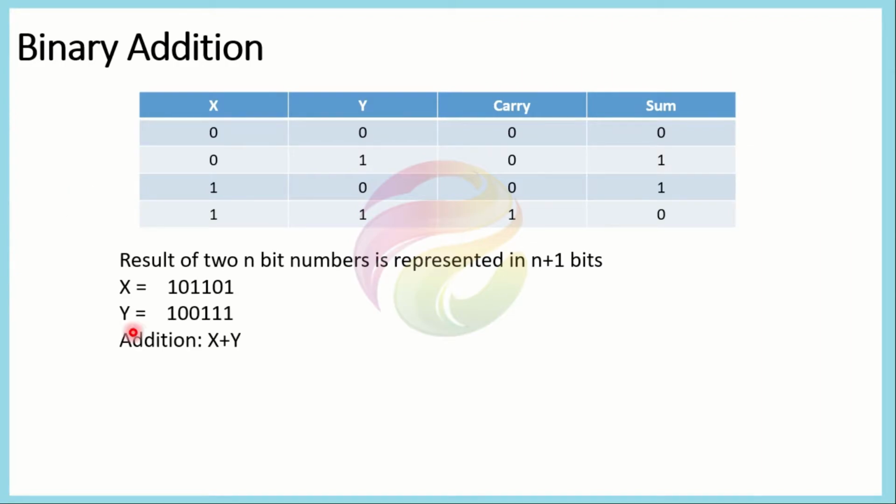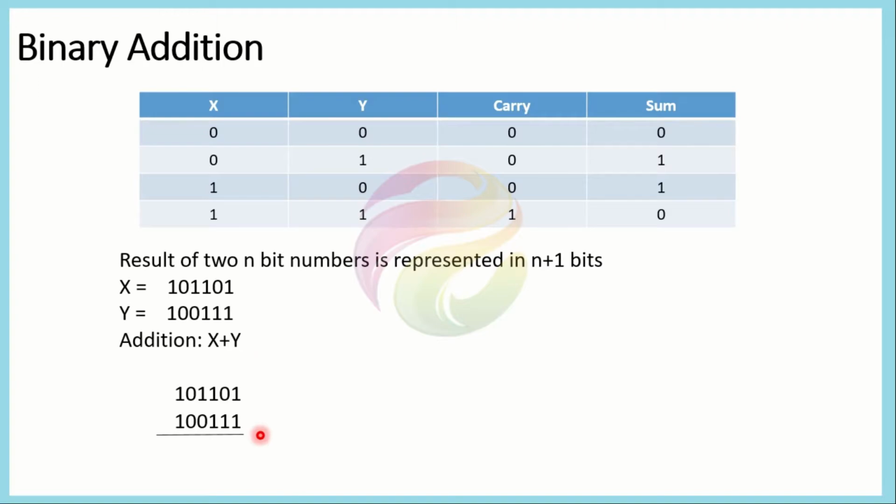Suppose we have x and y here. Both x and y are represented in the form of 6 bit binary numbers. This is x and this is y, and we aim to perform x plus y. What we do is we first simply write them in this form, and we follow the same structure we generally use to add two numbers in the decimal number system.